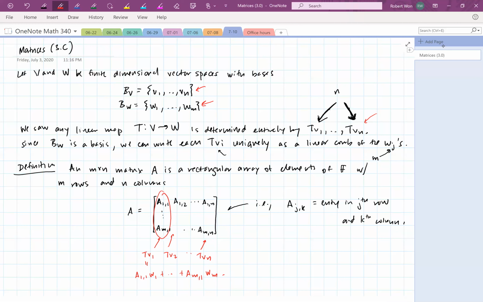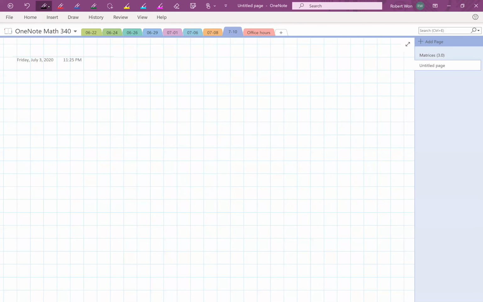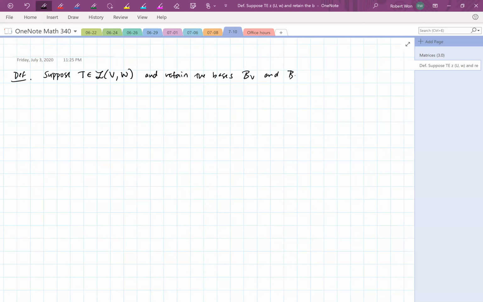Okay, so let me just define this really clearly. Right, so suppose that T is a linear map from V to W, and we're going to retain some fixed choice of basis for each of V and W, and retain the bases BV and BW above.